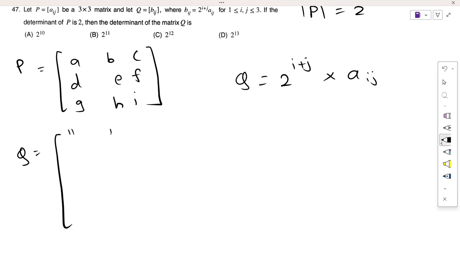So this is 1 1, this is 1 2, this is 1 3. These are the I and j values actually. This is 2 1, 2 2, 2 3, and this will be 3 1, 3 2, 3 3.